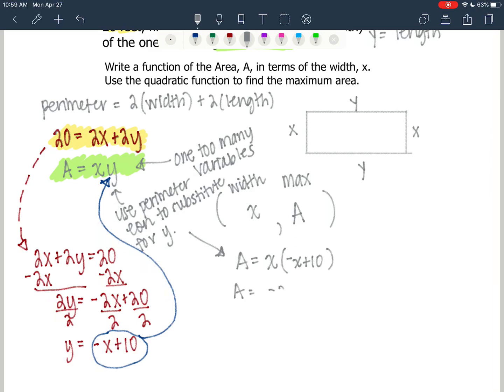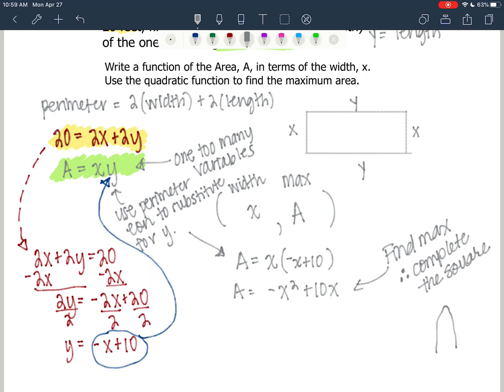So area equals negative x squared plus 10x. Now we want to find the max. Therefore, complete the square. Well, this would be extremely simple if we didn't have that leading negative, but that leading negative gives us a parabola that's opening down, so that negative is crucial for us to have a max.